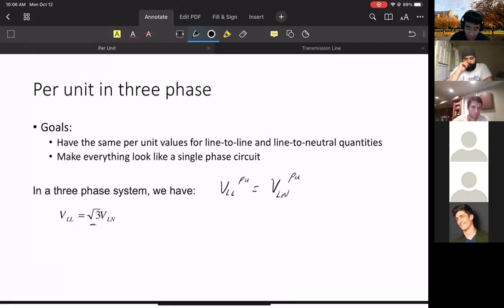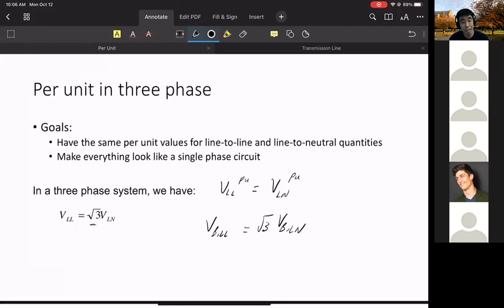All we need is to choose a base unit that has the same factor. If we're talking about line-to-line voltage, then let's make sure we choose a base unit that has a root 3 factor already built into it. So when we do the calculations, we don't have to worry about this root 3 anymore.